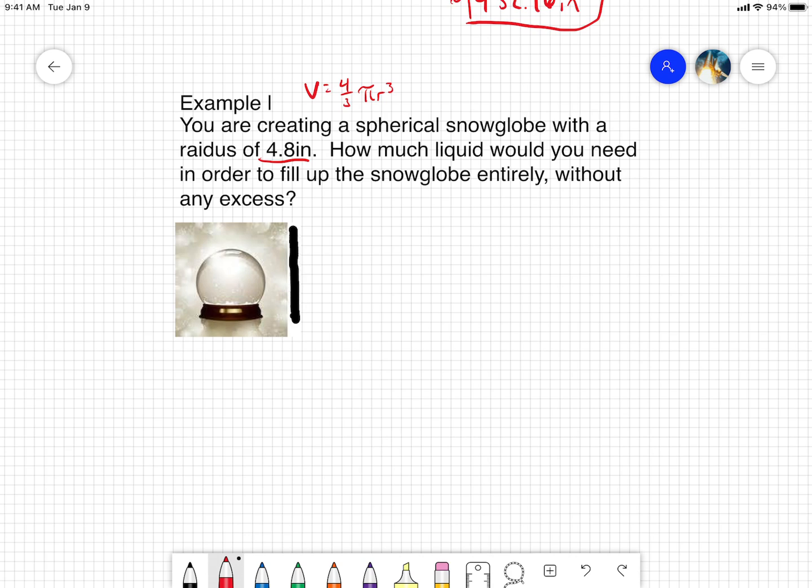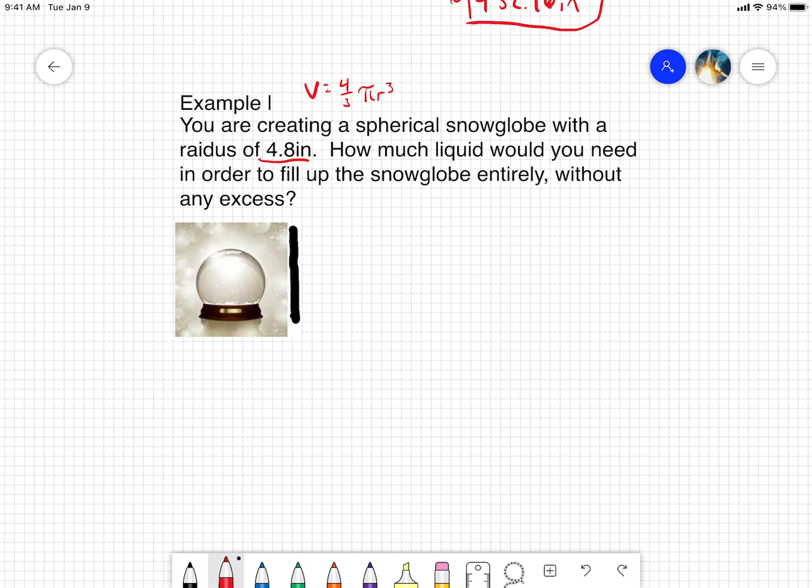If we're thinking about that, it's kind of like the cylinder: how do we find the volume of a cylinder? Well, we just think about how much liquid is in a can. It's going to be the exact same thing for finding out how much liquid we're going to throw into this snow globe. So we need to calculate its volume.